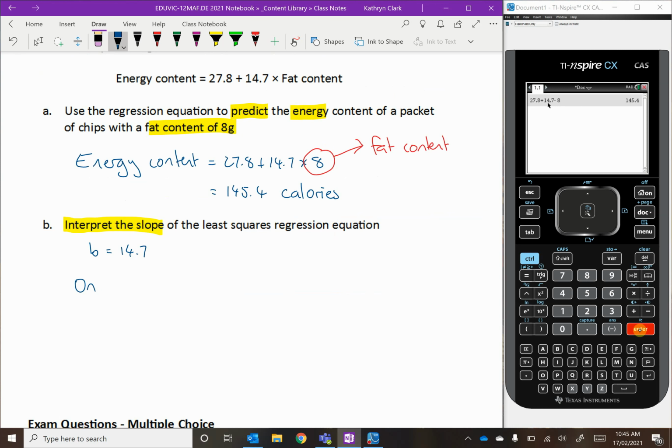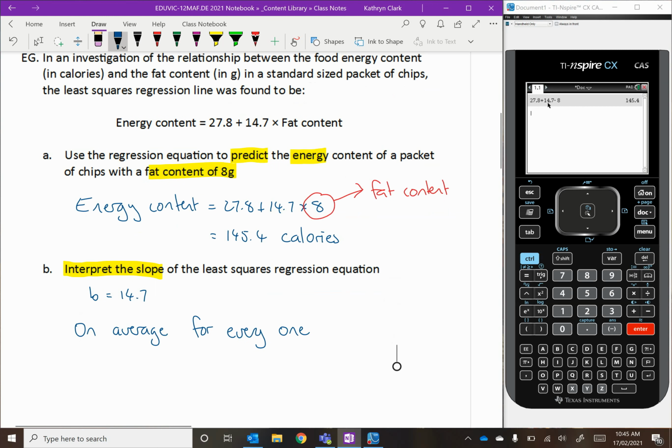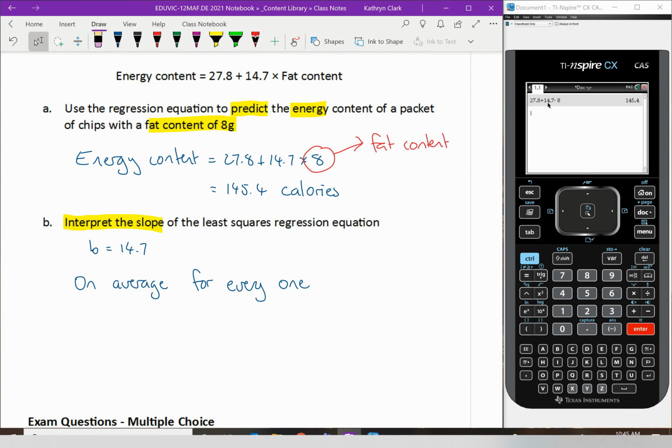So on average, for every 1, and we're talking about fat content being measured in grams.